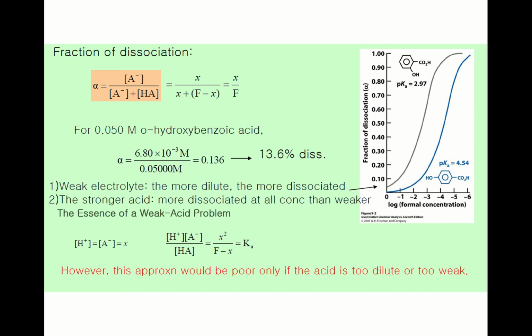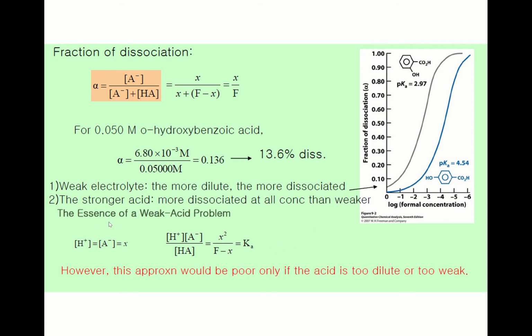Why? That's because the equilibrium constant should be maintained constant. To maintain the equilibrium constant, the dissociation changes depending on the concentration of a weak acid. But the stronger acid is more dissociated at all concentrations than the weaker acid.